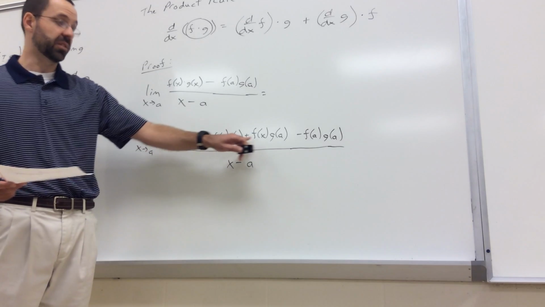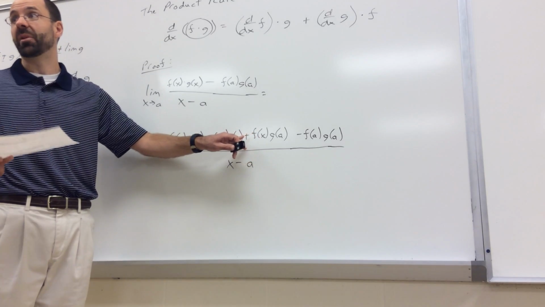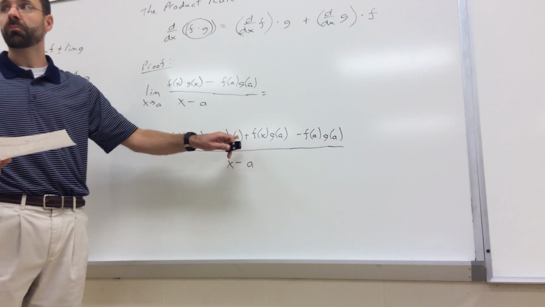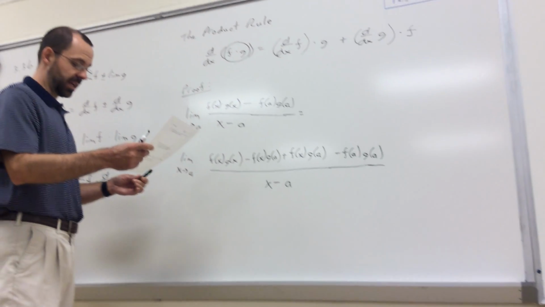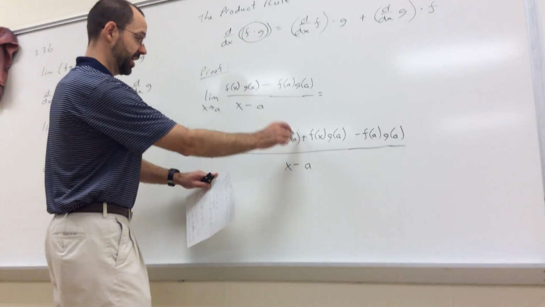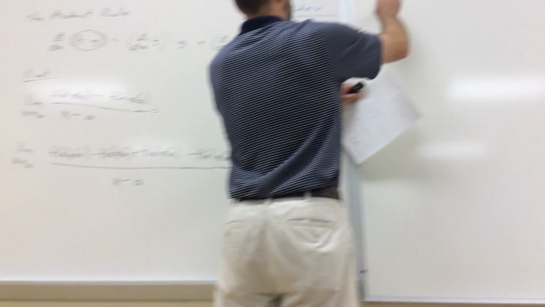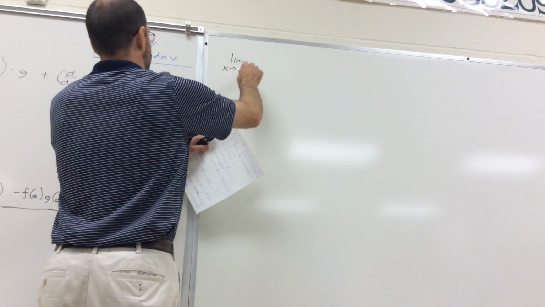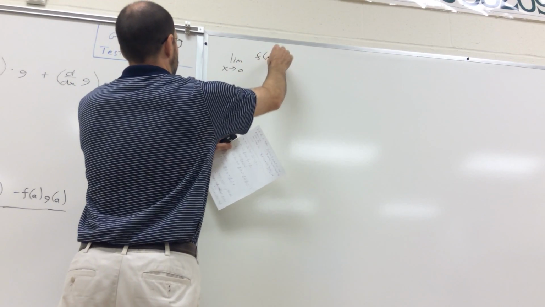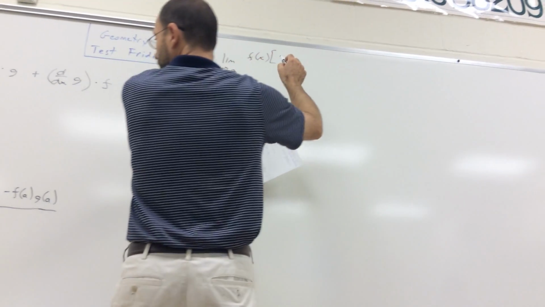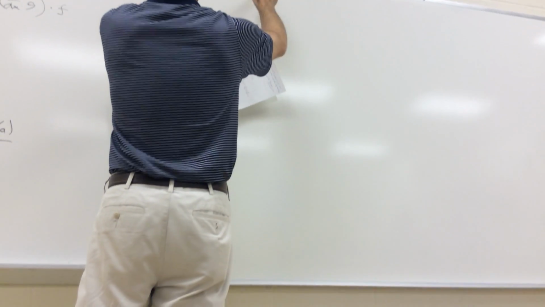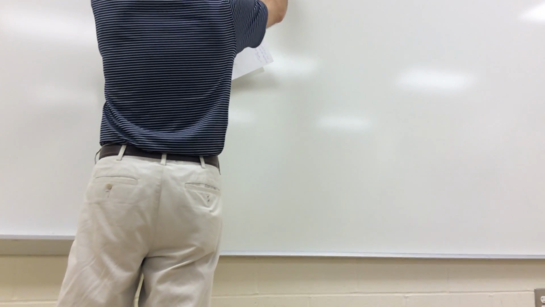So I've got a minus and a plus. They just cross out, so that's why I'm allowed to do it. Then next, I'm going to factor an f of x out of these two. So I've got the limit as x goes to a of f of x times g of x minus g of a.